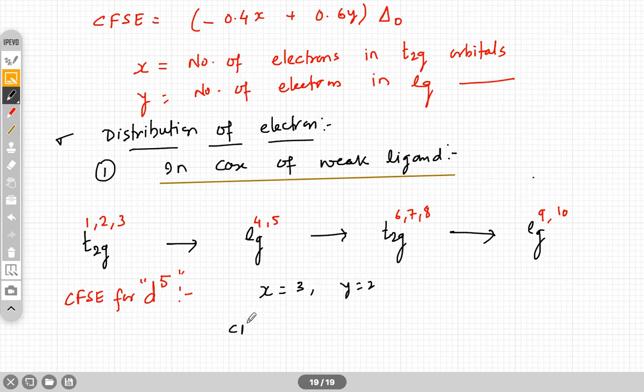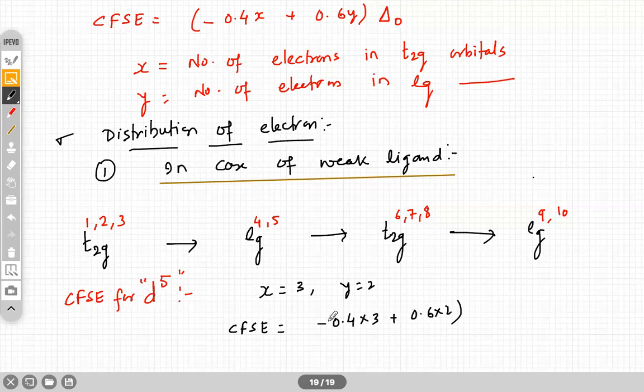You'll find CFSE with this formula: minus 0.4 times 3 plus 0.6 times 2, delta O, and this equals 0. The crystal field splitting energy is 0. Is it 0? Yes, right? CFSE is 0 for this one.